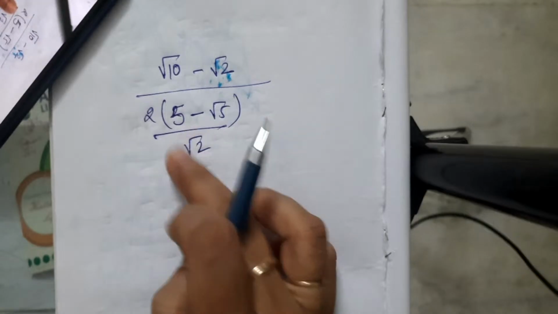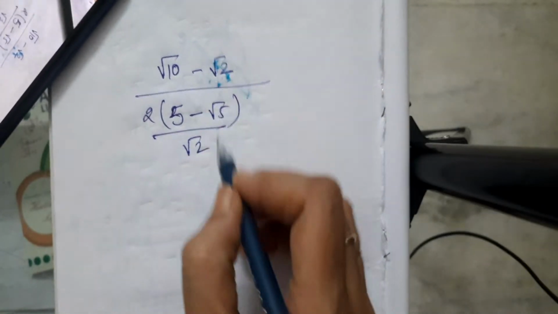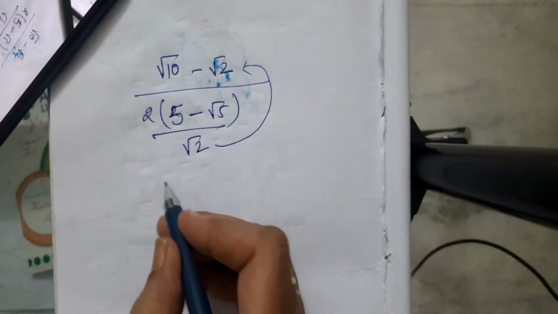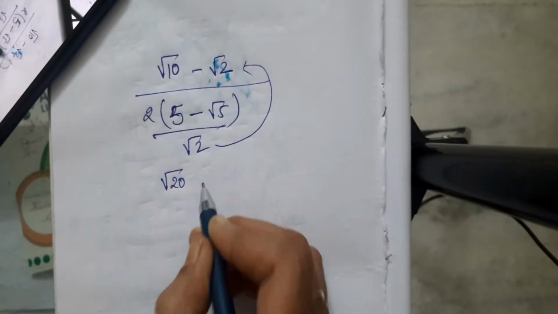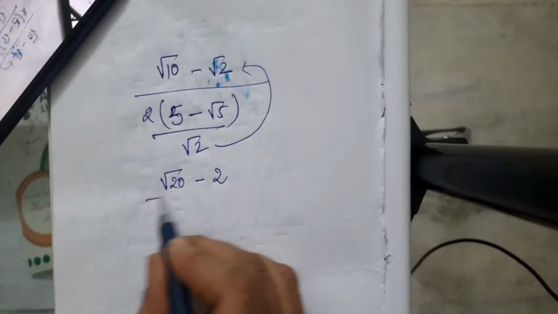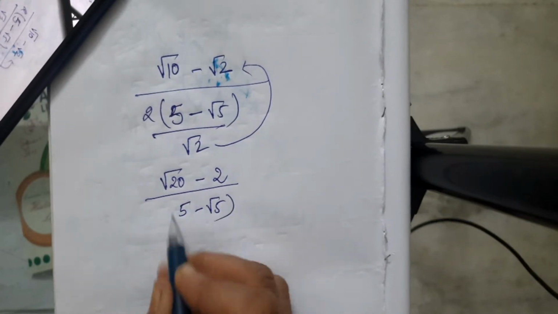Now, as this is in division, it will shift to the numerator. If we shift this root 2 to the numerator, root 10 will get multiplied with root 2. So it will be root 20 minus root 2 whole divided by 5 minus root 5, and then again 2 is there.